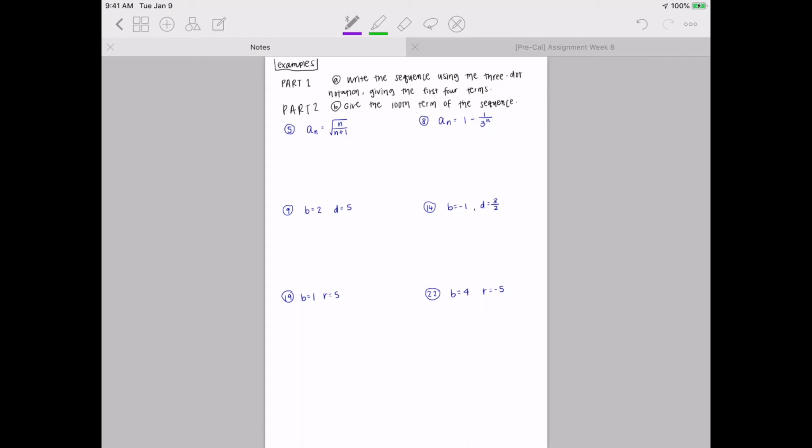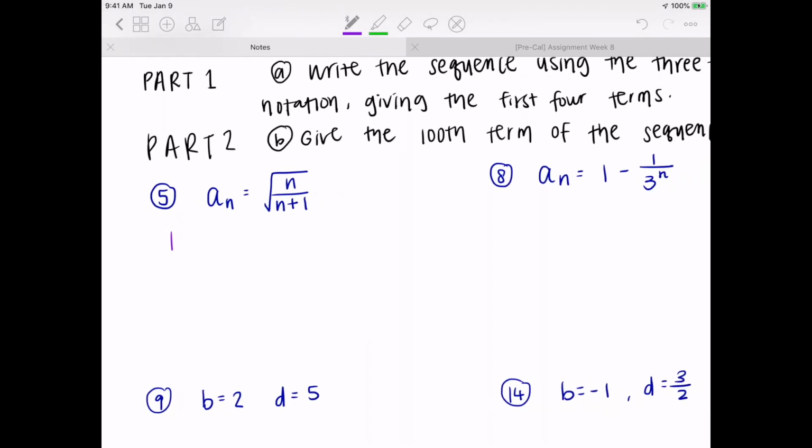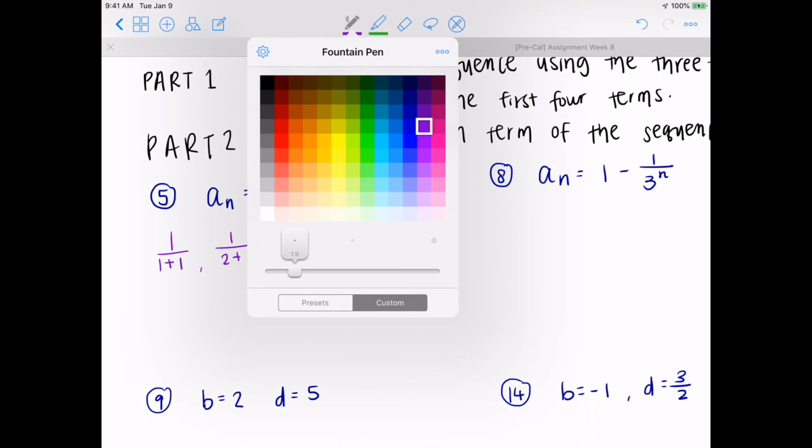So I can just go ahead and, starting with 1, put 1 into the n. It'll look like this. Let's zoom into this. 1 over 1 plus 1, that's the first term. Then 1 over 2 plus 1, and then see what the answers generate.